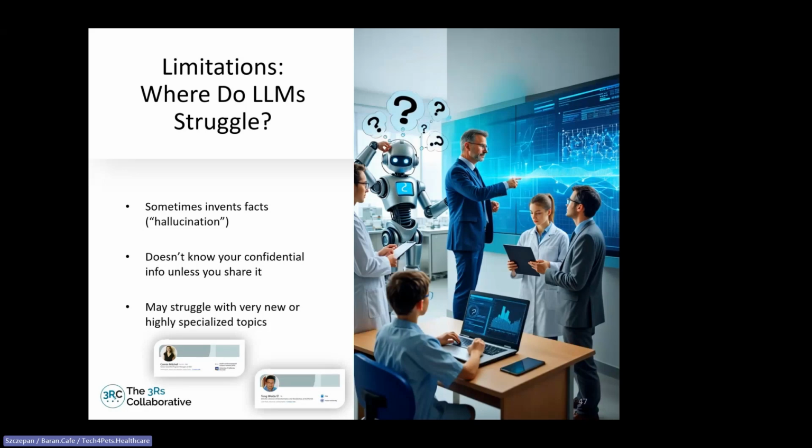It doesn't know your confidential info unless you share it. We talked about that. Wade said this is a private conversation, and not all of the tools allow you to do that. It also may struggle with very new or highly specialized topics. One example I use: when we ask ChatGPT about preclinical digital measures, very often it gives you information about clinical digital measures.